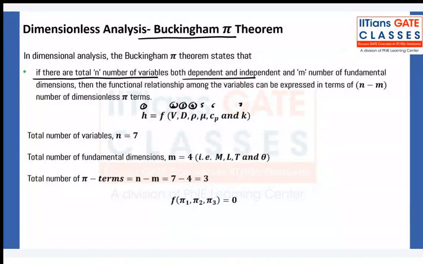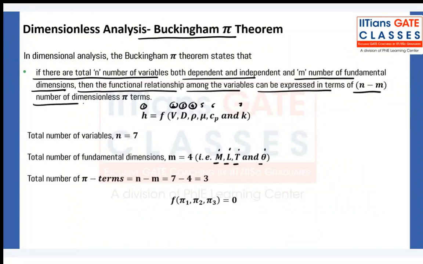And m is the number of fundamental dimensions: M, L, T, theta, which is mass, length, time, and angular, if there is any angular variation. We do not have angular, I think. Then the functional relationship among the variables can be expressed in terms of n minus m dimensionless pi terms.